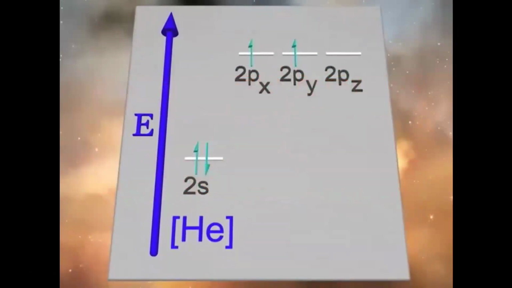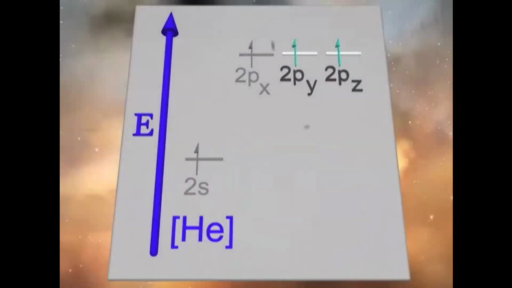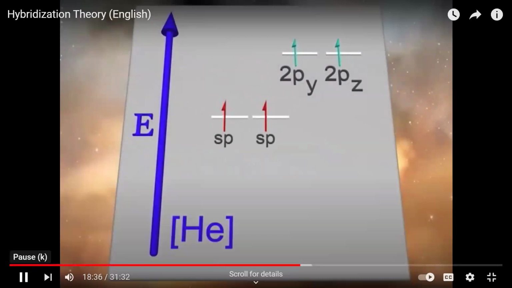Similar to the first step of sp3 and sp2 hybridization, one can imagine promoting an electron from the 2s atomic orbital to the unoccupied 2pz atomic orbital. Mixing the 2s atomic orbital, we have an s getting together with a p, correct?